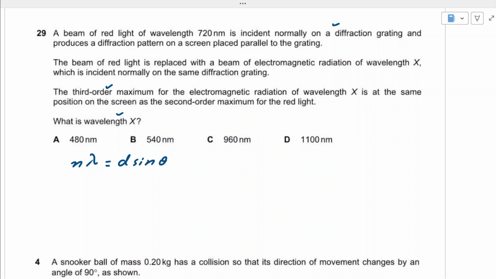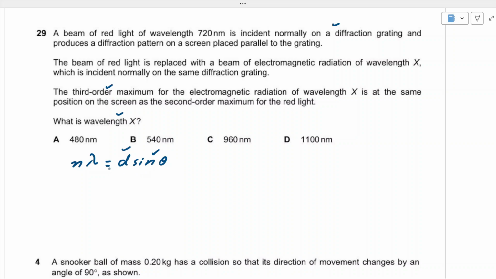We have the same diffraction grating, so the value of d would be same. The third order maxima and second order maxima are at the same position, meaning both of them are formed at the same point, so they must have the same angle.